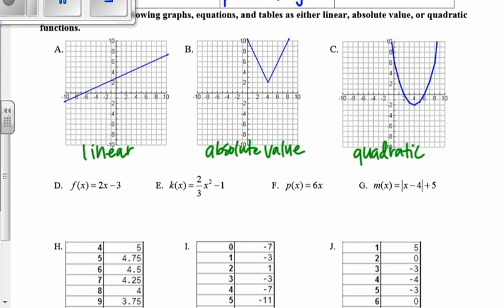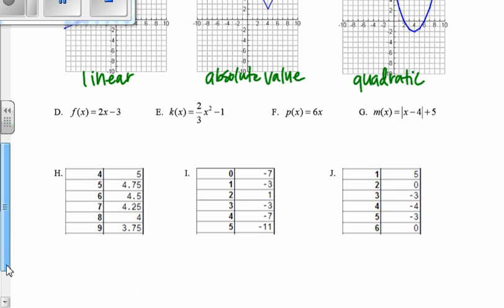All right, so now from an equation. So notice we're using that function notation, so no longer does it say y equals, but that's okay, it's the same thing. So if I look at D, I'm noticing that this is in slope-intercept form, y equals mx plus b form, so this is linear. On E, I see that x squared, so it's quadratic.